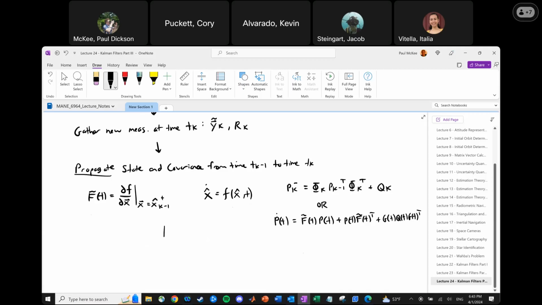The state is what you would expect, but you do have this extra linearized step in there. And then finally, we've got our update step. So we will update our state and covariance with a new measurement.